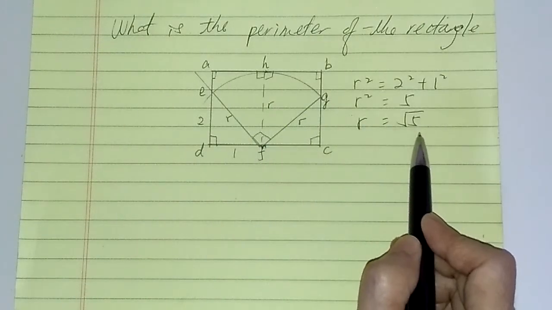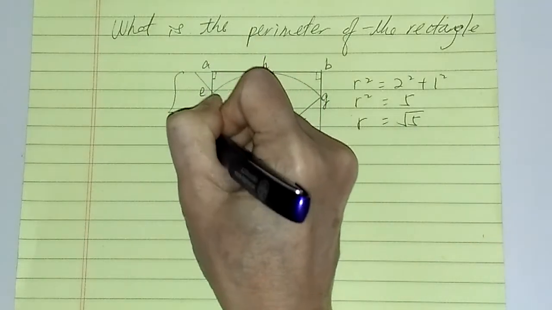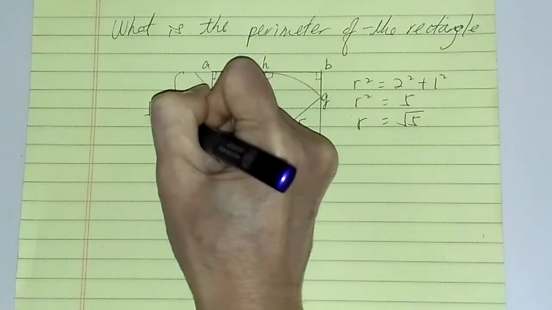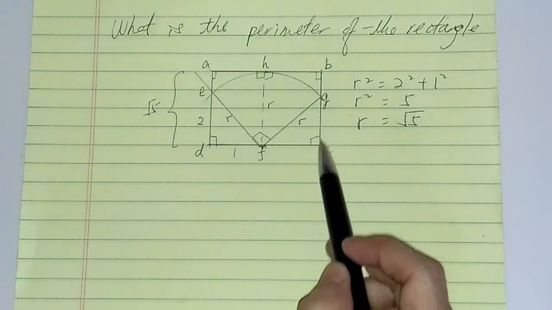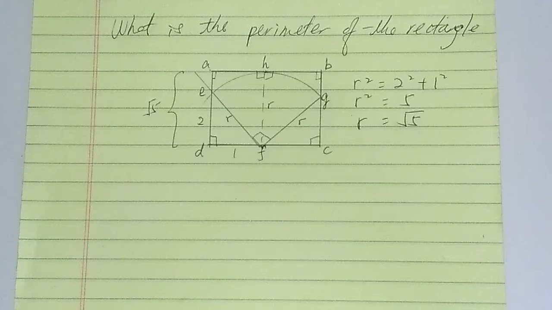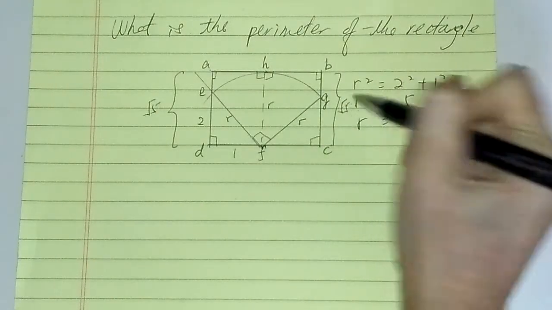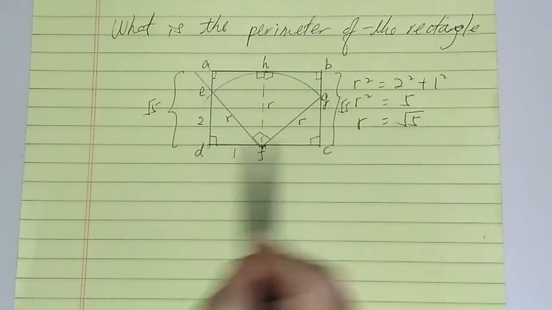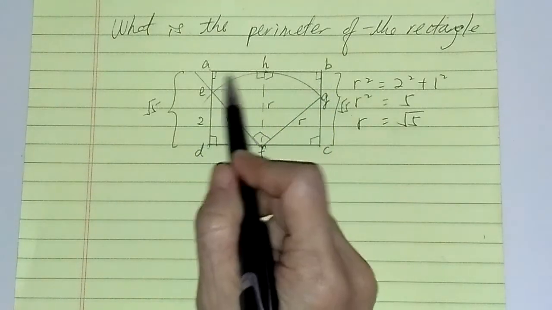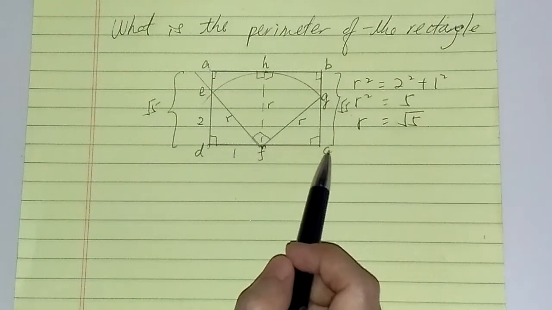R we have just found is square root 5. So from here to here is square root 5, and from here to here is also square root 5. But we need to know DC. If we know DC, we know AB because this is a rectangle. So how do we find DC?